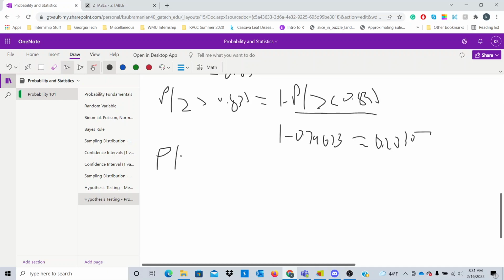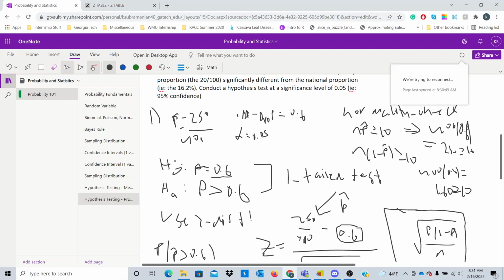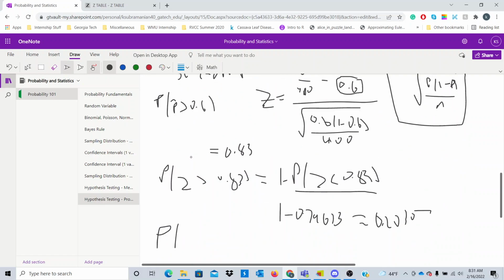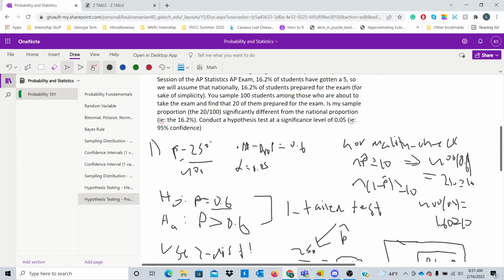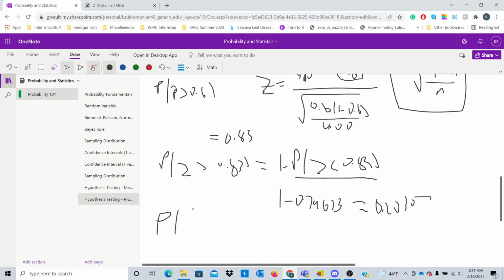Okay, so what did we find here? We found the probability of getting an observation that is more extreme than 250 out of 400, right? Getting a sample proportion that is larger than 250 out of 400. We get a p-value that is approximately 0.20307.